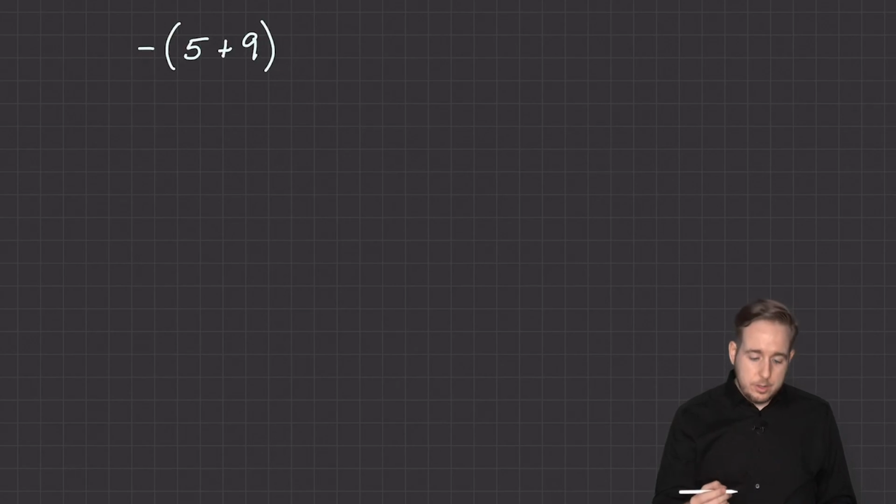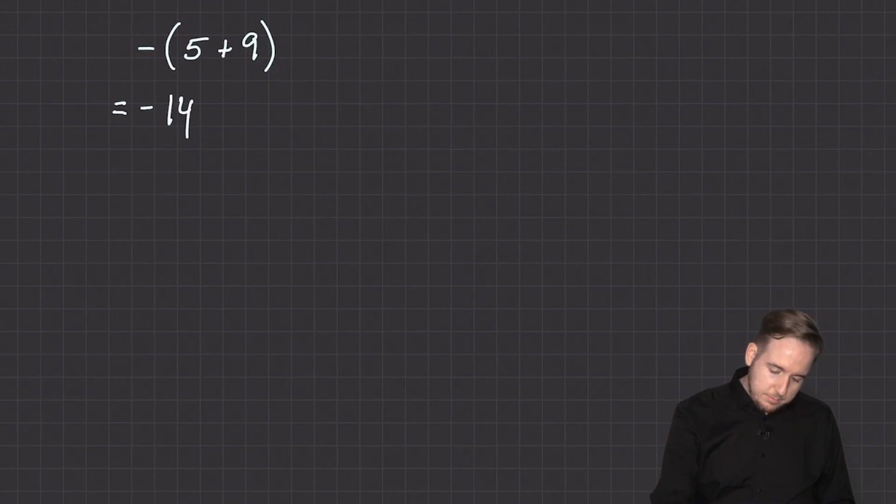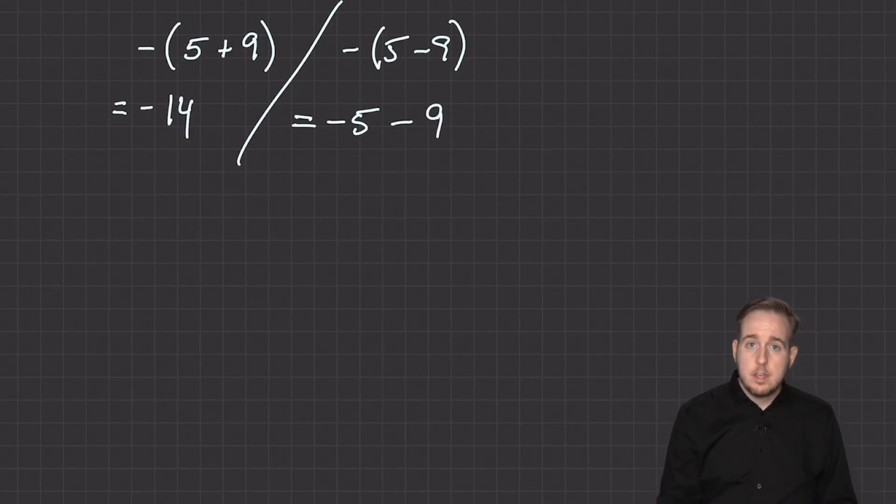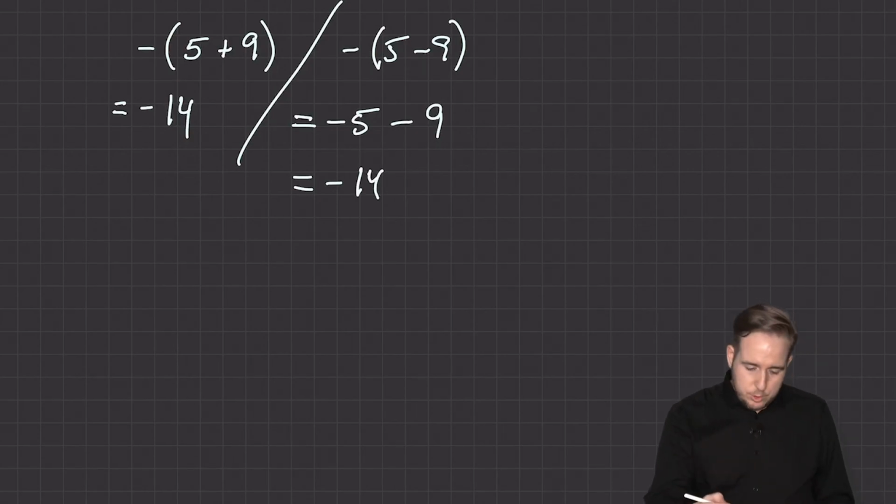So one way of doing the question is to work out that if I owe them 5 and another 9, I owe them 14. And because I owe them 14, that's negative 14. Another way to do it is to separate it, to think I owe them 5 and I owe them 9. And if I owe them 5 and I owe them 9, I still owe them negative 14. So it doesn't matter which way we're going.